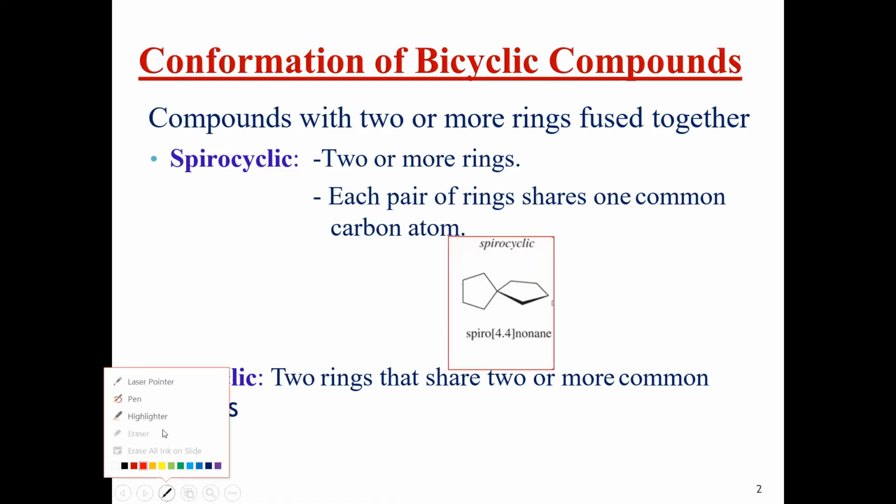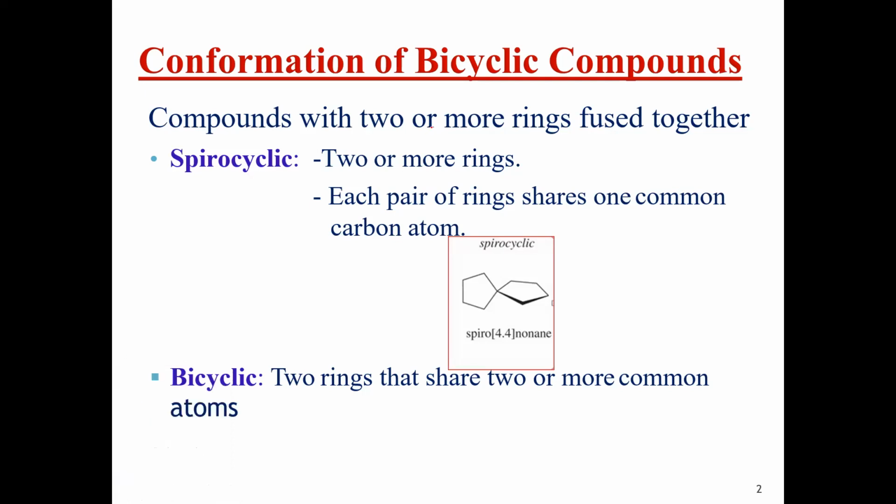In a spirocyclic ring, two rings join through a single carbon atom. Therefore, two 5-member rings joined through a single carbon atom are known as a spirocyclic compound.